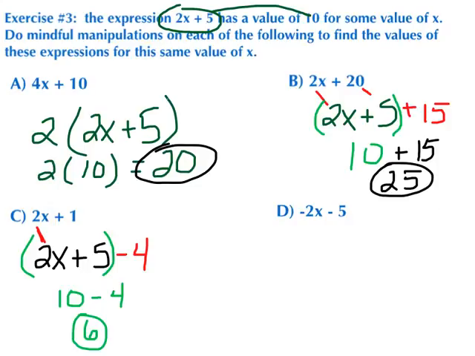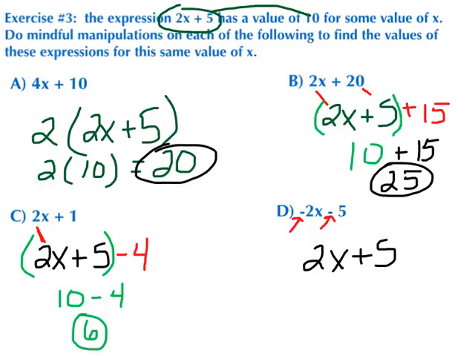D is a tough problem, and I think that there are some of you out there that can come up with this on your own. Let's take a look at D. You start off with 2x plus 5. Now, what did I do to both 2x and the positive 5? Pay attention to all the little things in the problem here. You should see the opposite sign.